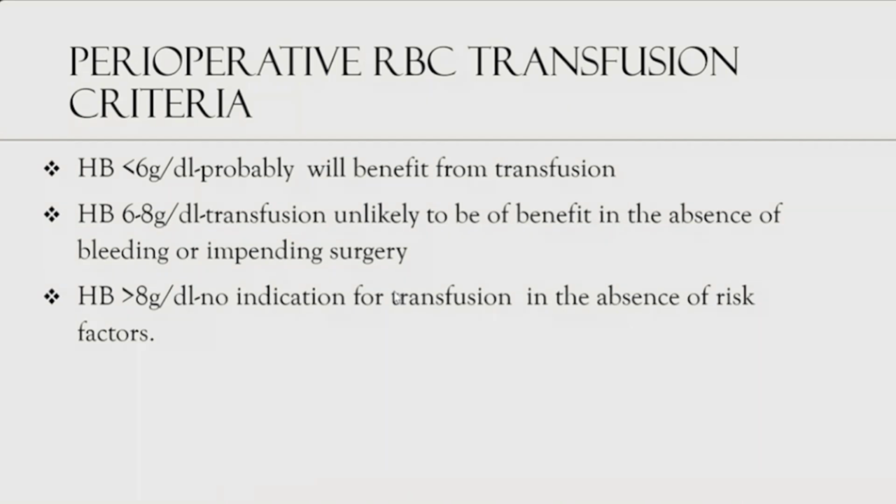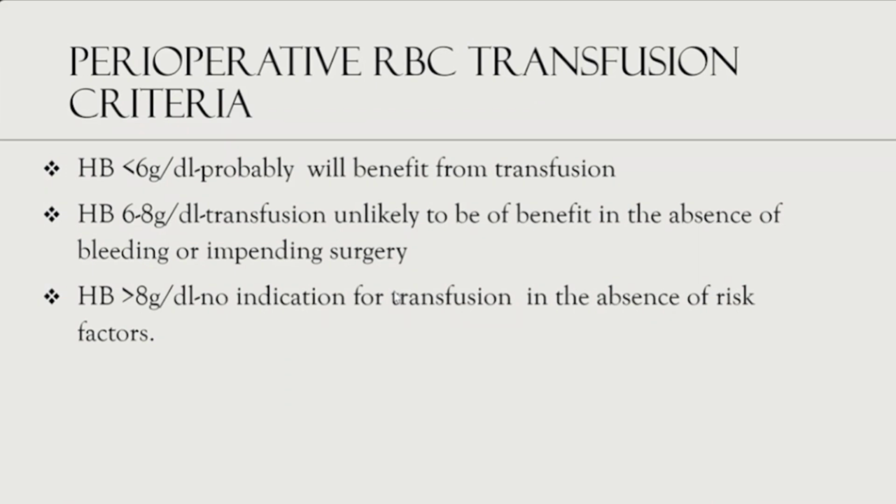But if their HB is between 6 to 8 grams per deciliter, the transfusion is unlikely to benefit them if there is no bleeding or impending surgery. So they may not benefit from you transfusing them with these red blood cells. Then, if the HB is greater than 8 grams per deciliter, there is no indication.